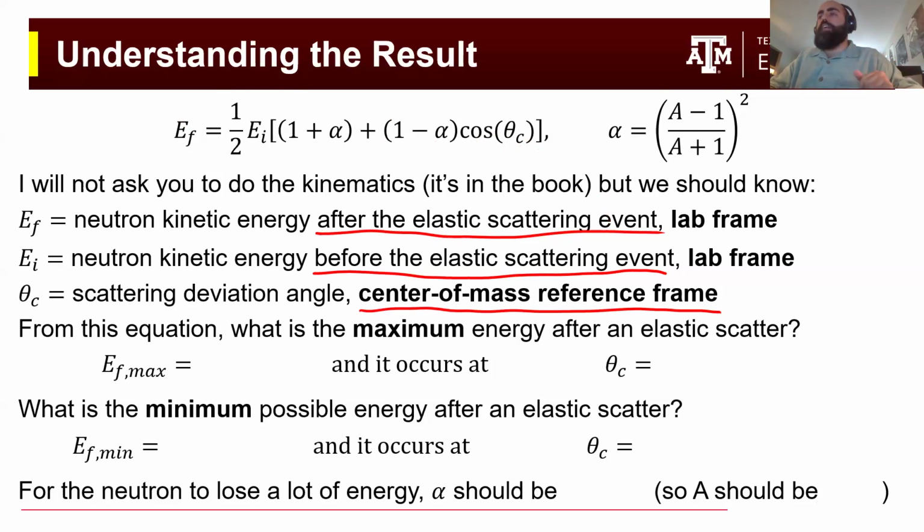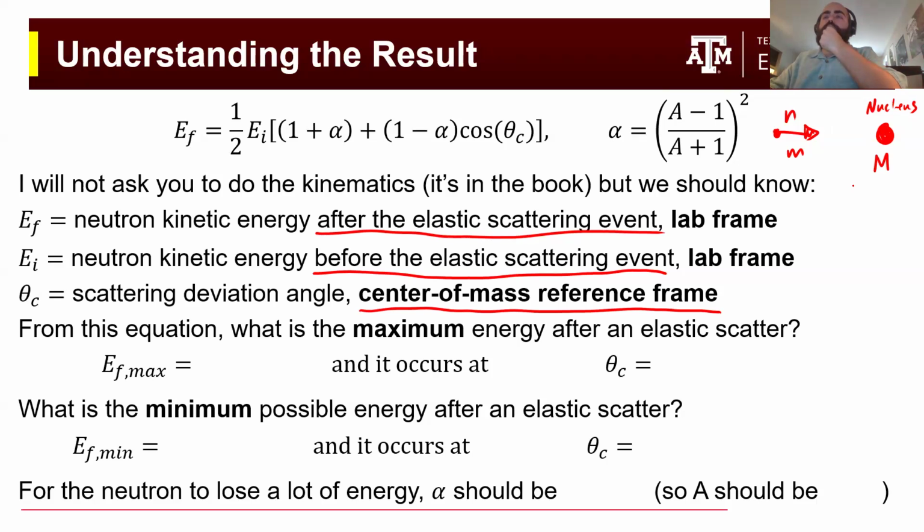So if you think about scattering, where I've got my neutron and some big nucleus, the neutron has a mass of little m, and the nucleus has a mass of big M.